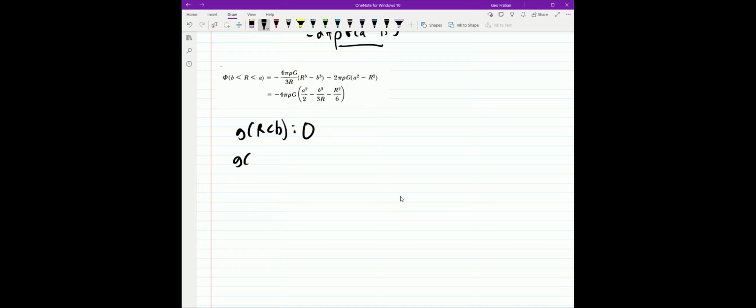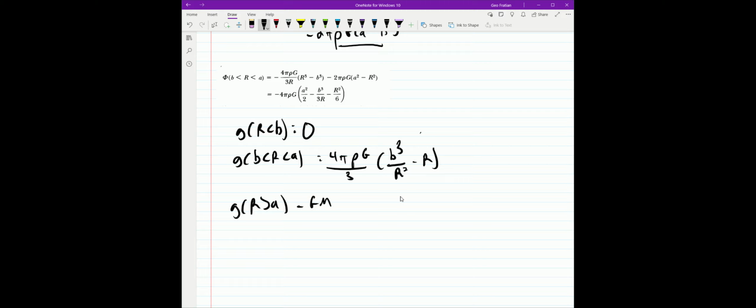When b is less than r less than a, you get 4 pi, and I kind of skipped over how to actually get the potential of this. I kind of just put up the answer. It's in the textbook if you want more, but if you take the partial derivative of that, you get this expression. And then the easier one is when r is greater than a, right?